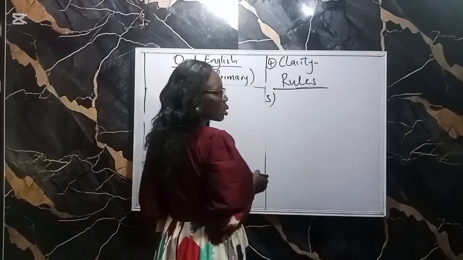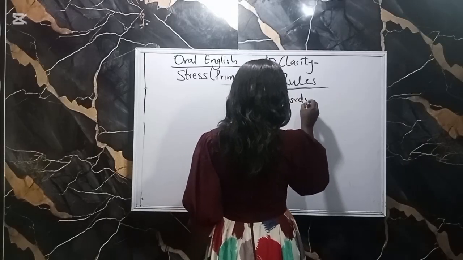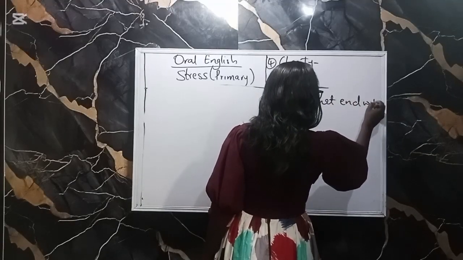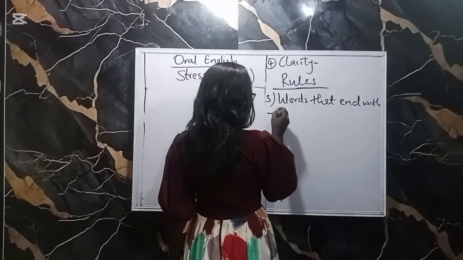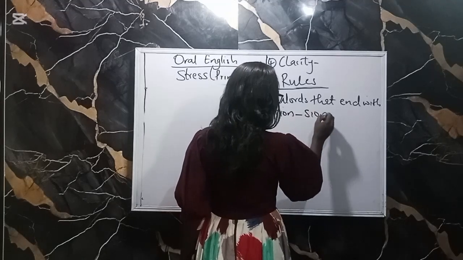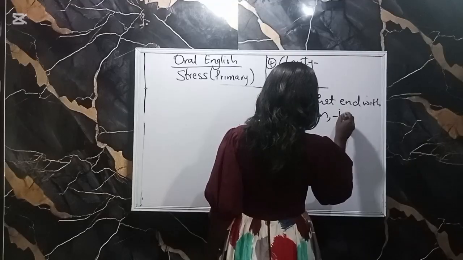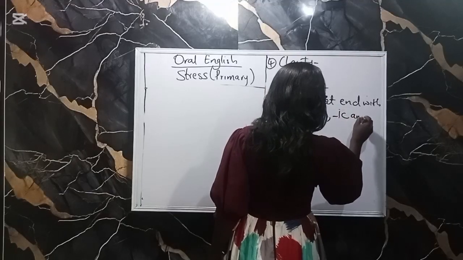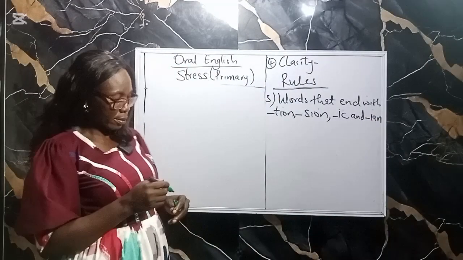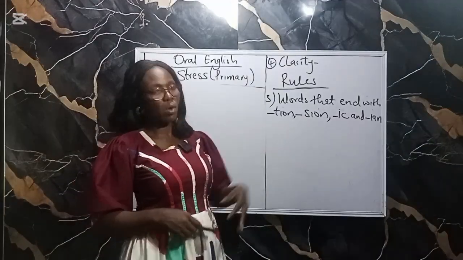The third rule is that words that end with tion, sion, ic, and ian or cian are stressed on the syllable before these endings.